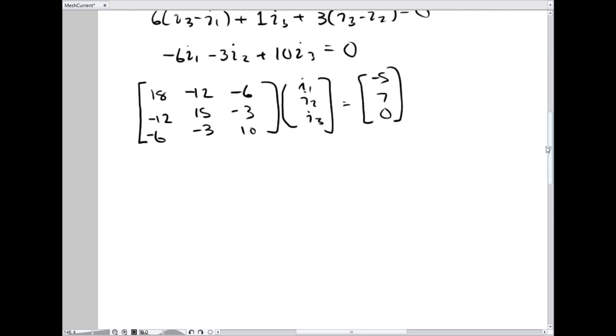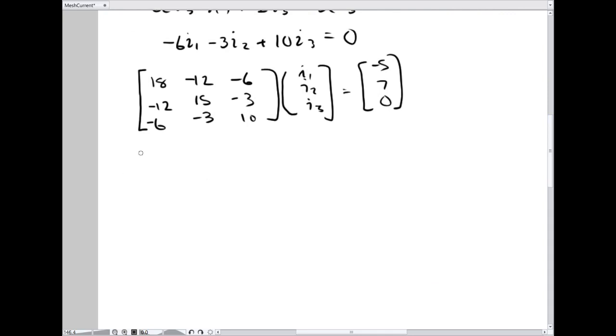And on the same theme as my node voltage lecture, I like to use Cramer's rule. So first take the determinant of the original coefficient matrix. So this is a lot of math. 18 multiplied by this minor, which is 150 minus 9, which is 141, plus 12.